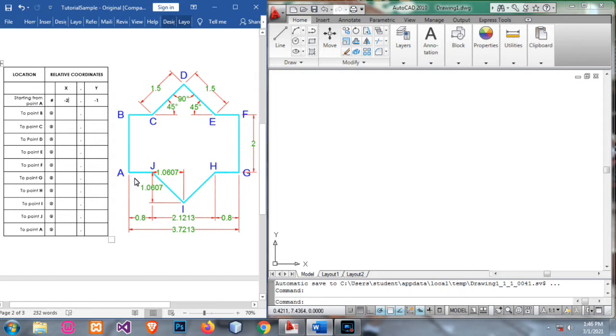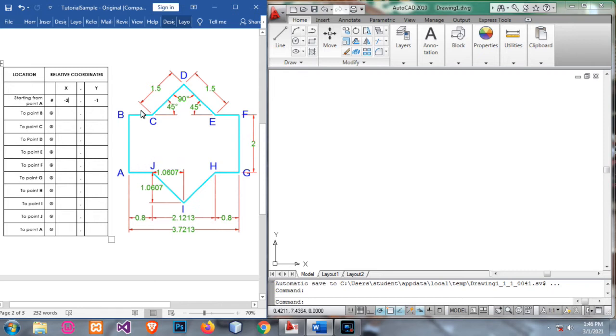Again, why do we specify the first point with absolute coordinates? Because we cannot create a relative coordinate without specifying the first point, and in order to do that, we need to use absolute coordinates. Alright, so we have here a value of x which is -2 and a value of y which is -1. So this is our starting point.